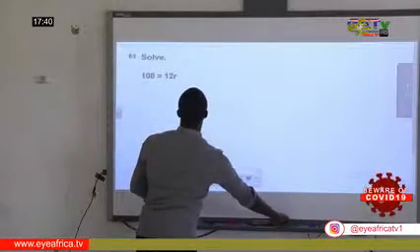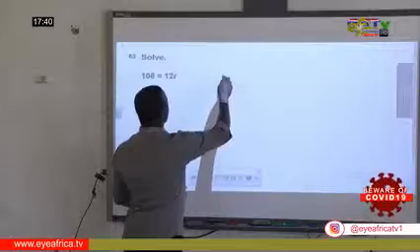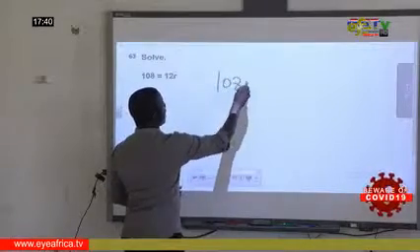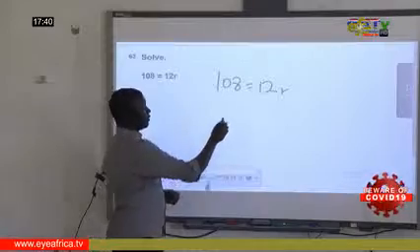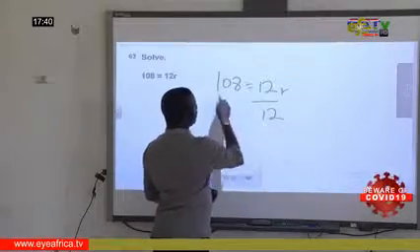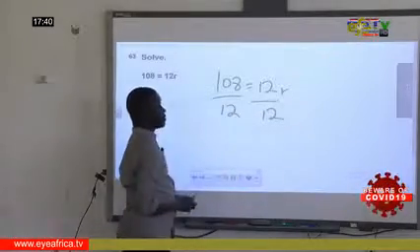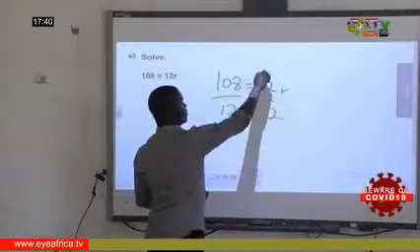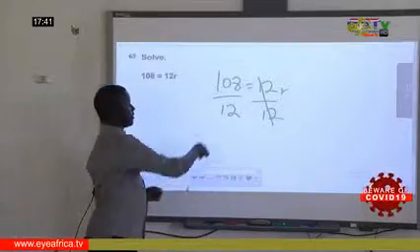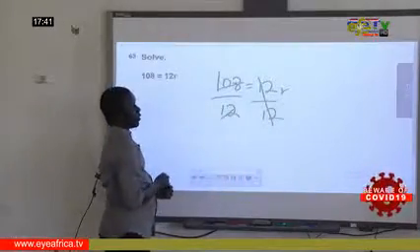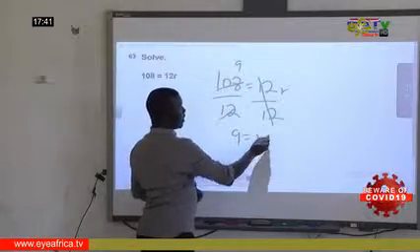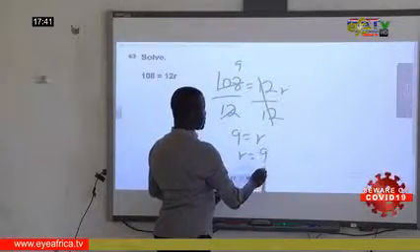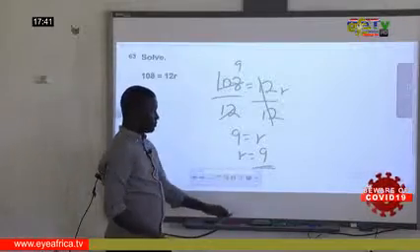So here we are dividing by 12 in order to isolate our variable R. We divide here by 12, and we divide here by 12. 12 cancels, and then 12 into 108 is 9. So therefore 9 equals R, which is the same as R equals 9.